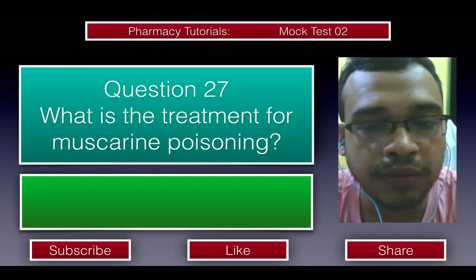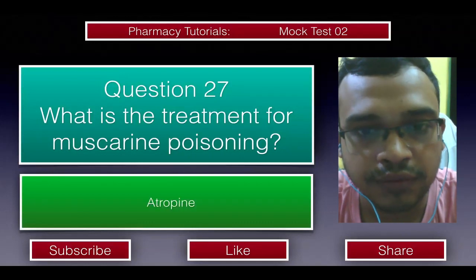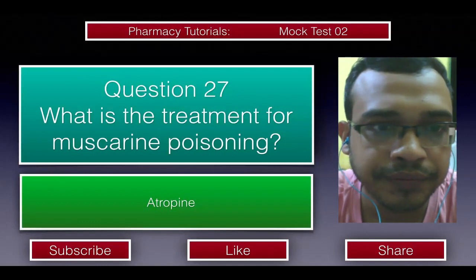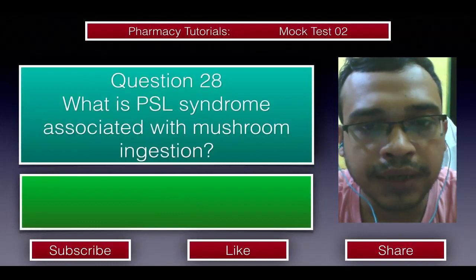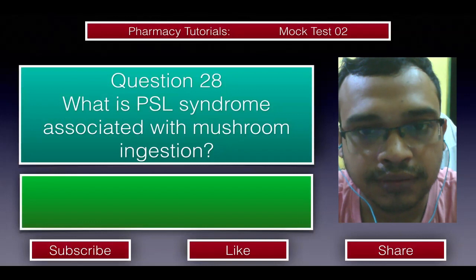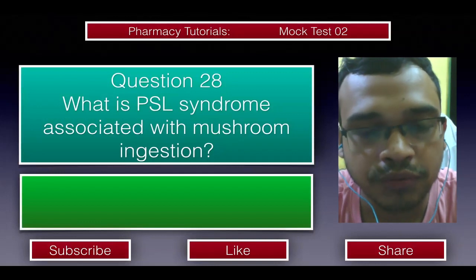What is the treatment for muscarine poisoning? Atropine, obviously. Next question. What is SLUD-type syndrome associated with mushroom ingestion? Basically, you can also ask what is the syndrome associated with mushroom poisoning if you ingest a poisonous mushroom.